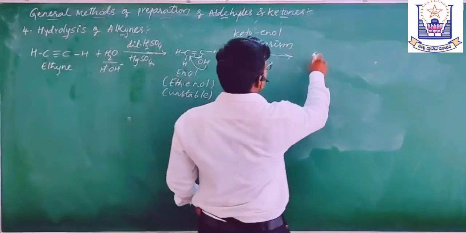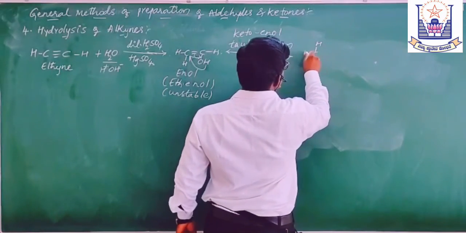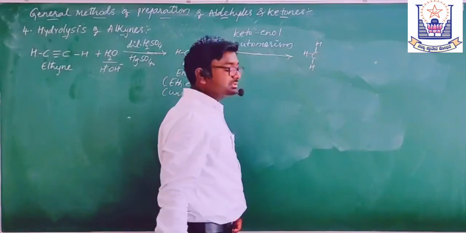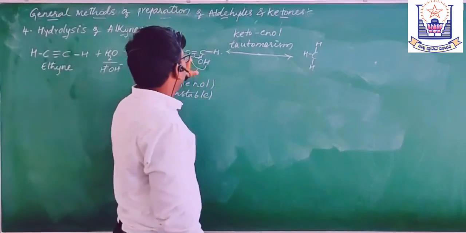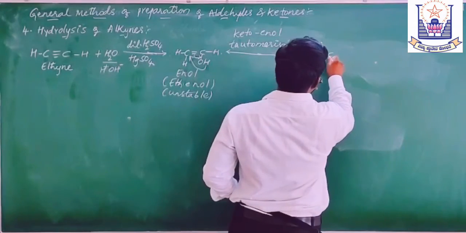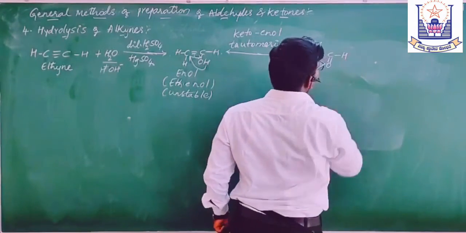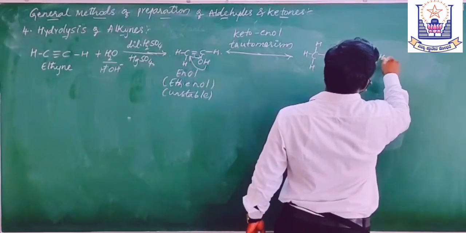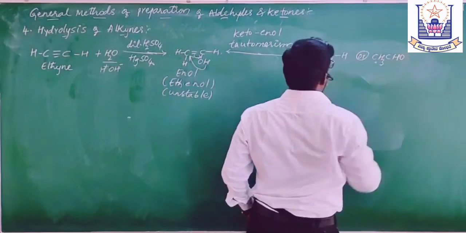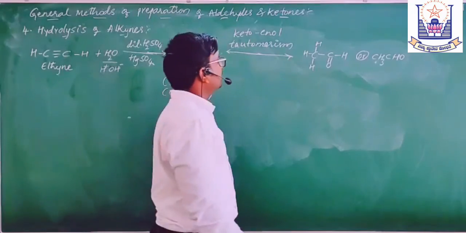Now CH3 I am going to write like this. CH2 is already there, and one more H attacks, giving CH3-CH=O. This is nothing but CH3CHO. What is the name of this compound?